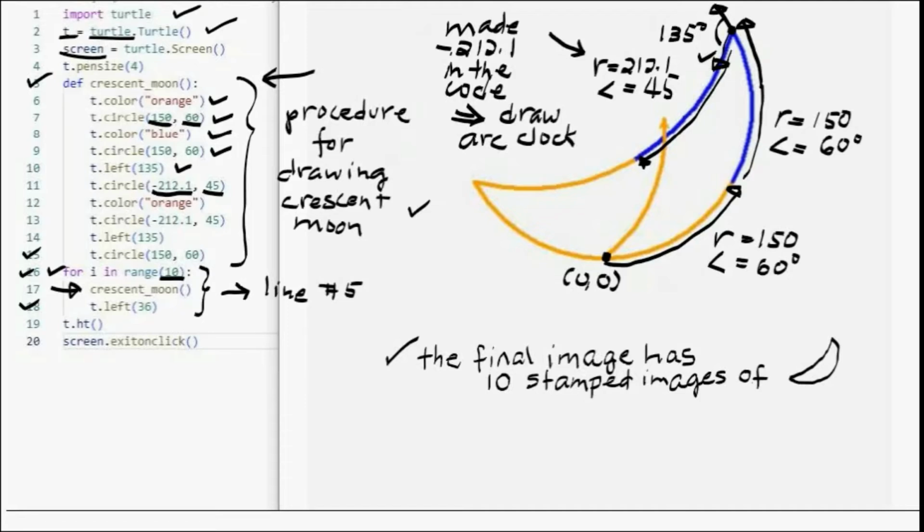By default, the Python turtle draws the circle counterclockwise. But if you make the radius negative, the circle is drawn clockwise. So that's the reason why the R became negative 212.1 in line number 11. Okay.